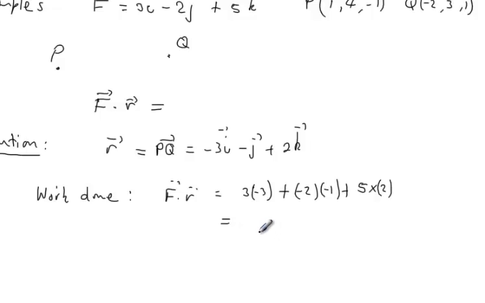What do we use to measure work? Joules, but here we just say units. This is minus 9, this is 2, this is 10, so 10 plus 2 is 12, minus 9, and this is 3 units of work done. There you are, done.